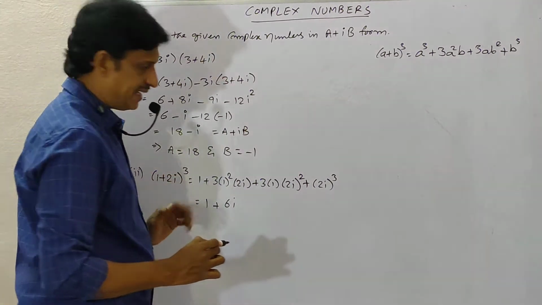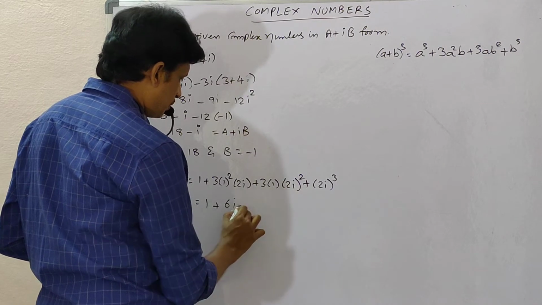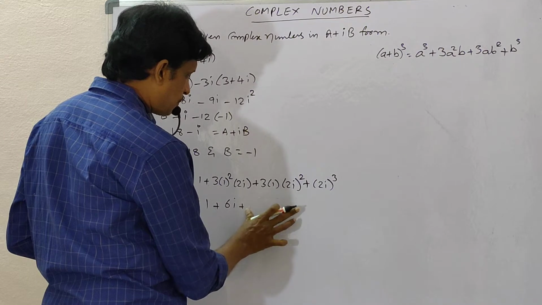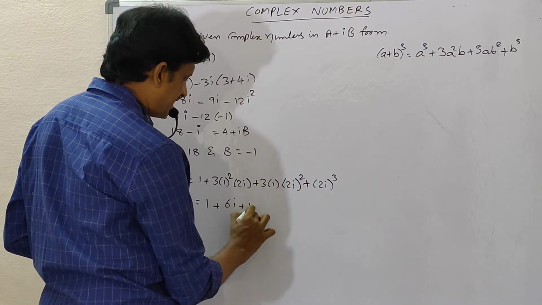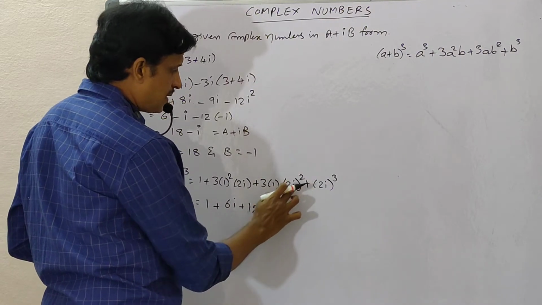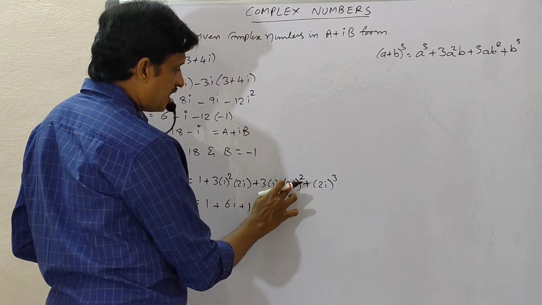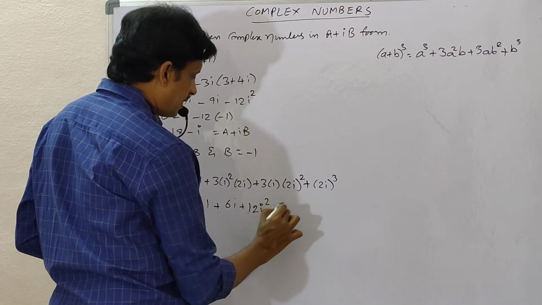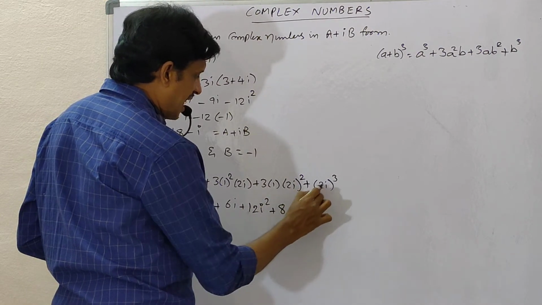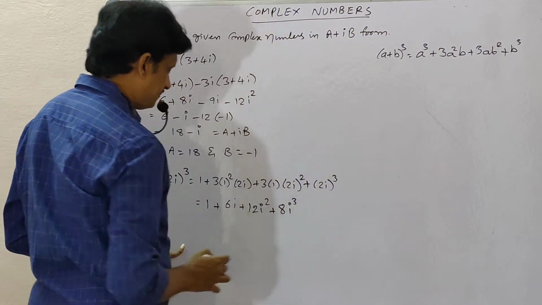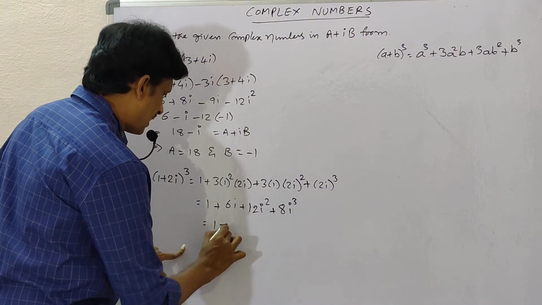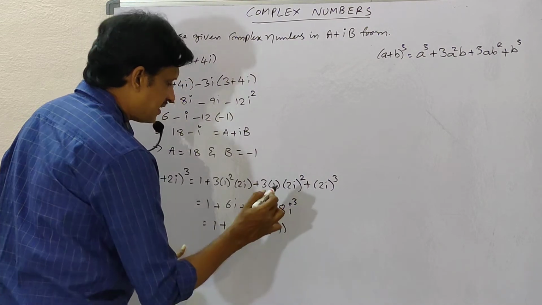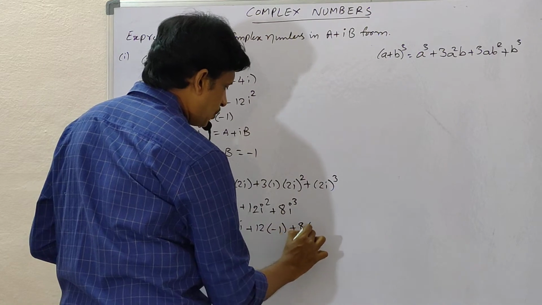And now here, sorry, it is 2 square, that is 4, into 3, 12 we are getting. 2i whole square means 2 square, that is 4 into i square. Now 4 into 3 gives 12 i square, plus 2 cube is 8 i cube. That is 1 plus 6i plus 12 into i square, which is minus 1, plus 8 into i cube.